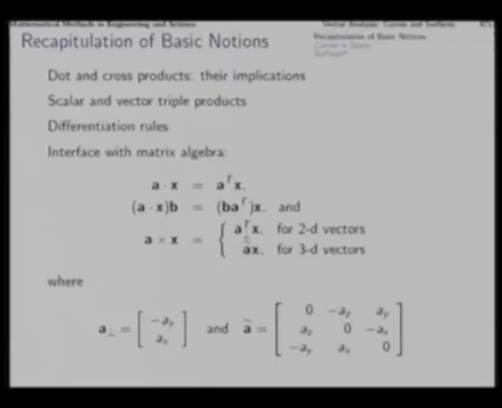Next, quite often you will come across expressions of this kind, A dot x b, in which A, b and x all three are vectors.